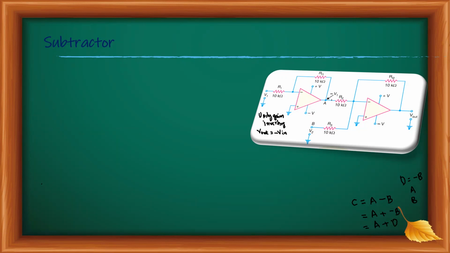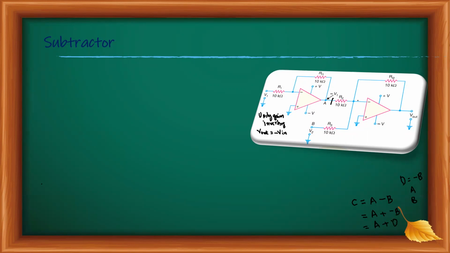And we consider the second amplifier. Look at here. It has RF and two input resistors, R2 and R3. It is connected to the negative terminal and the positive terminal is grounded.